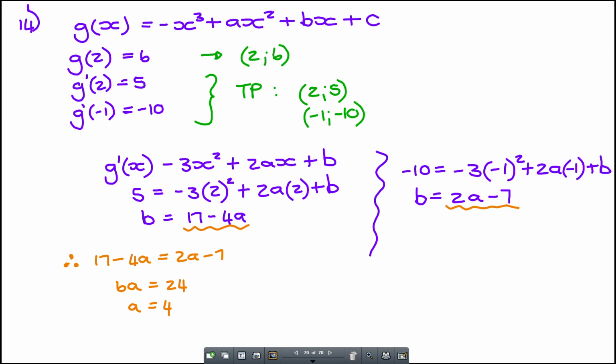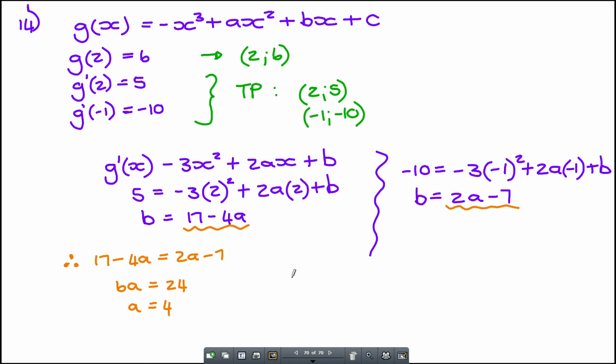Did you get minus 6a is minus 24? O, jy het hom minus 4 gehou. Okay. Right, any questions there? Wat het hulle net vir my gevra kry vir? A, B en C. Okay, so now that we have A, I can go and substitute in. Nee? Dan gaan ons vir B kan kry.